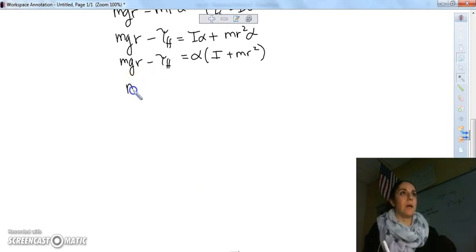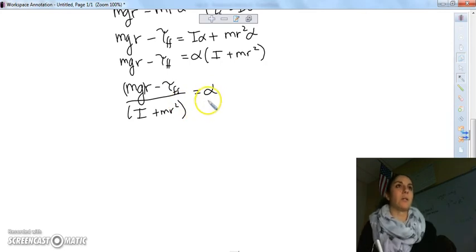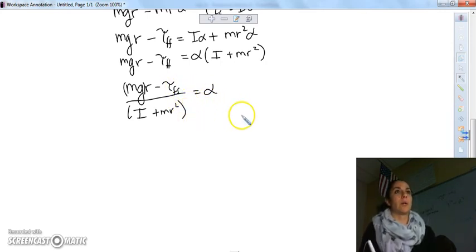So alpha equals mgR minus torque done by the friction divided by I plus mR squared. Now the cool thing about this is what we have up here is actually torques, right? This is a force times R, which is torque. So torque divided by moment of inertia equals alpha. So that's essentially good in terms of units that this does work out.